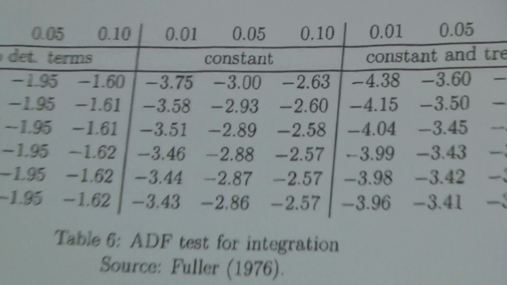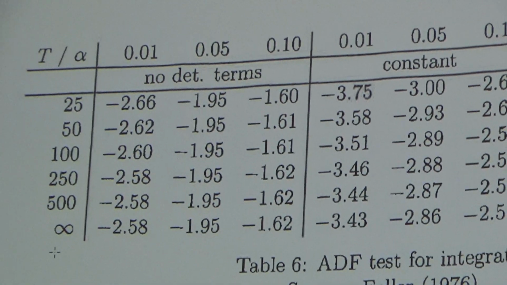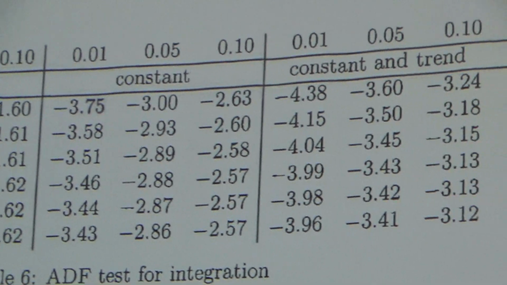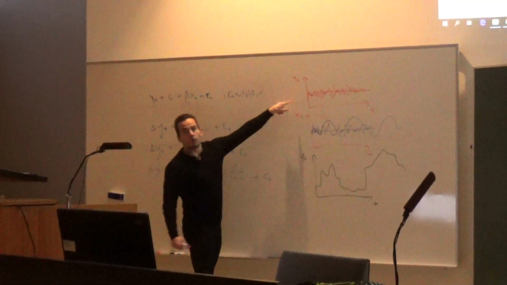If you have no deterministic terms, you would test if this is smaller than minus 1.95. If it's smaller than minus 1.95, this process is stationary. Then everything is all right.